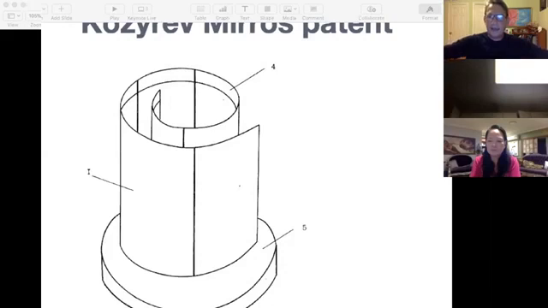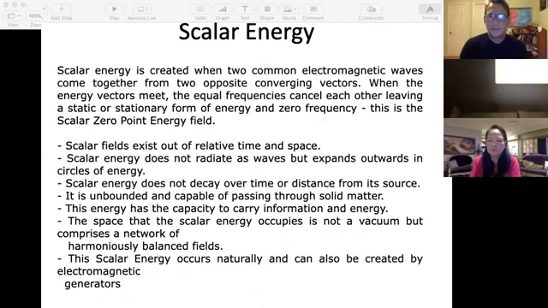And that allows us to access this information with the scalar waves that are generated within the chamber of the device. Now, just to give you a quickie on some scalar wave things. Most people don't know what scalar waves are.